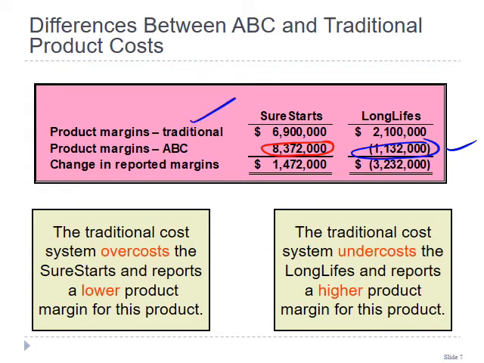Whereas on traditional costing, let me just change the color here, that would be better. The product margin on traditional costing, the Short Start is giving us 6.9 million profit, whereas the Long Life is giving us 2.1 million profit.